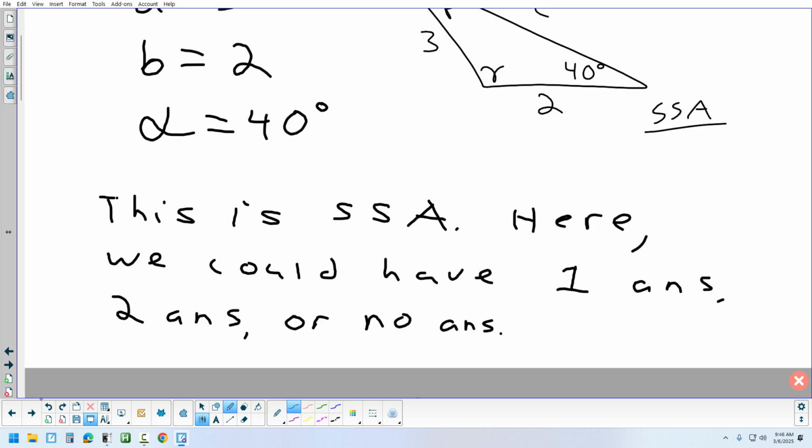Or we start to solve the problem and we realize the information they gave us would never make a triangle and it's impossible. So we still have 3 things we don't know, but there might be one answer for each of them, 2 answers for each of them, or no answer for each of them. But they have to go together. They either all have 1, they all have 2, or it's all no solution.